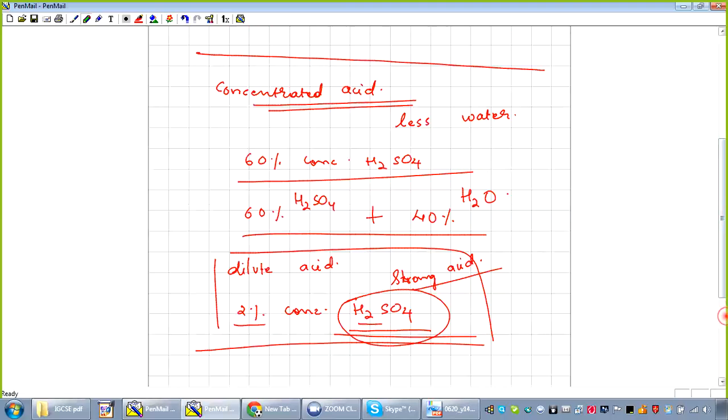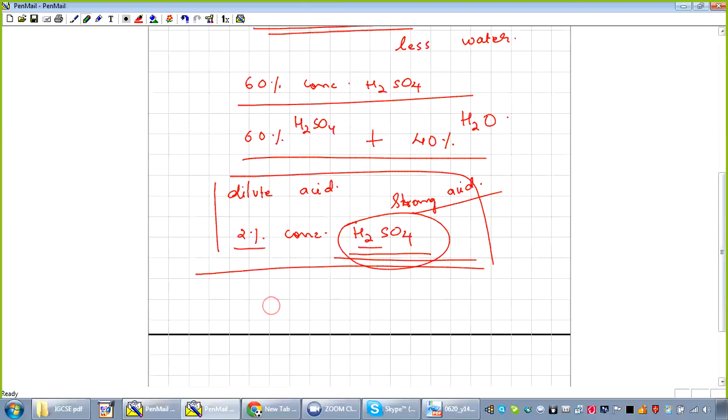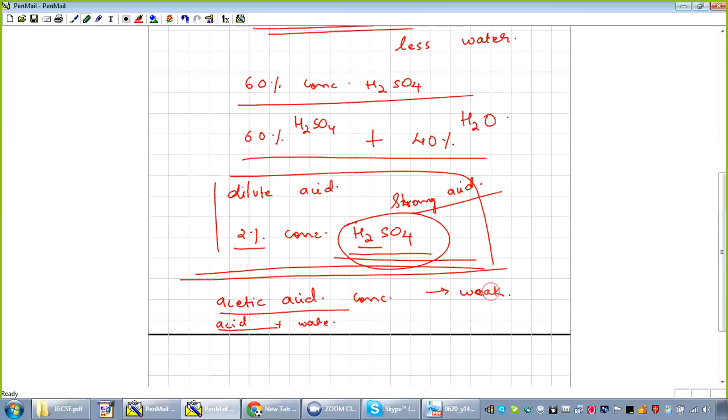I can have a concentrated acid of acetic acid also, with a very large amount of acid and very little water present in it. Although this is a concentrated acid, it is still going to be a weak acid. Why is it a weak acid? Because it's not a mineral acid. It's an organic acid.